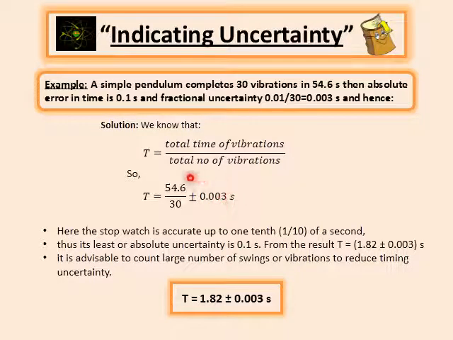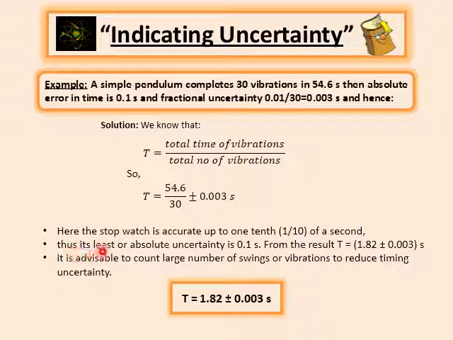So after solving this relation, we have the value of time period is 1.8 plus minus 0.003 seconds. Now here are two or three important points. The stopwatch is accurate up to 1/10, means 1 divided by 10 of a second.